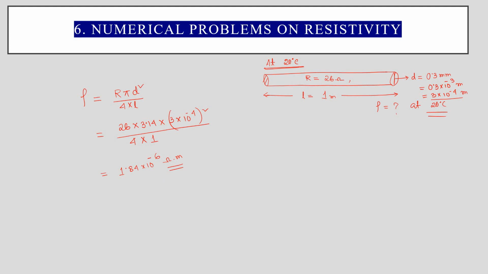So this is the value of the resistivity of the conductor whose resistance is 26 ohm, length is 1 meter and diameter is 0.3 millimeter, converted into meter, that is in SI unit. So the resistivity of the conductor is 1.84 into 10 to the power minus 6 ohm meter, obviously at 20 degrees centigrade. So this is the answer.